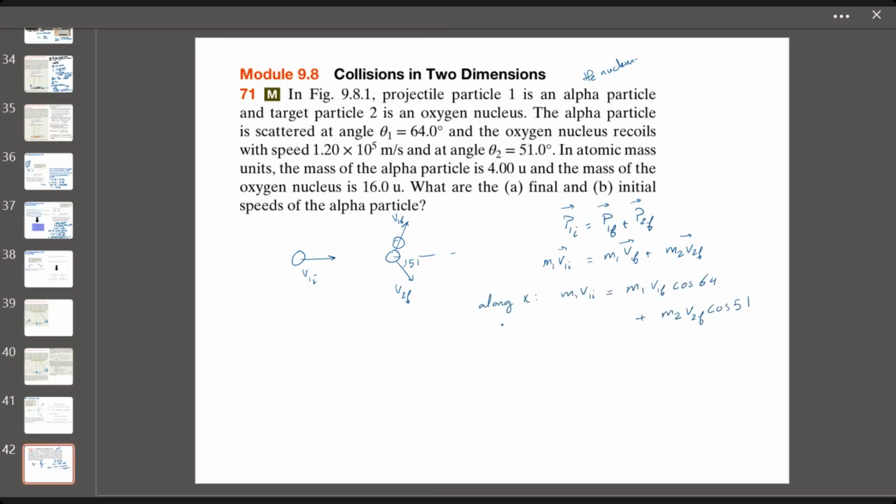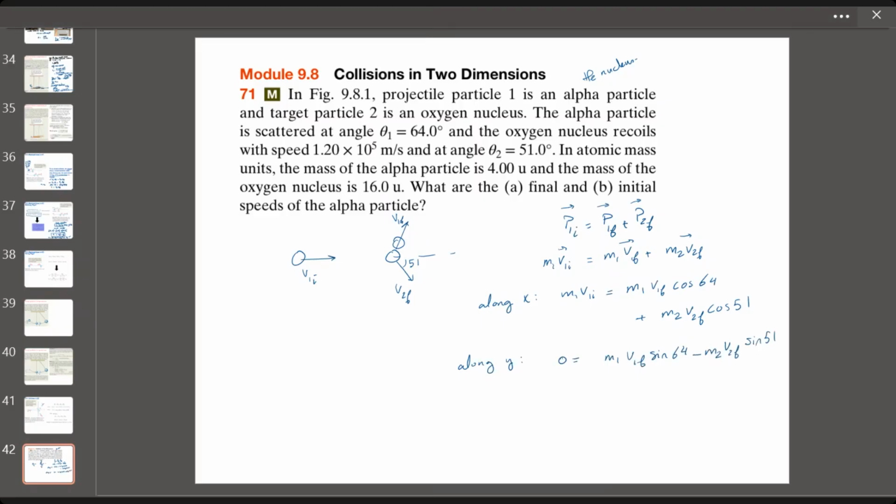This is the equation along the x-axis. Along y, I have 0 equals M1 V1 final sine 64 minus M2 V2 final sine 51. Notice how the oxygen nucleus recoils, so it will have negative y component for its velocity.